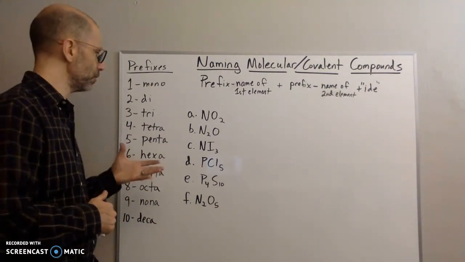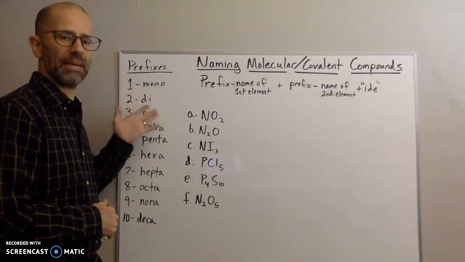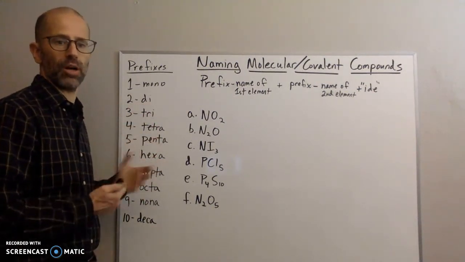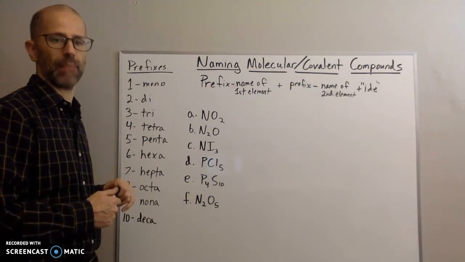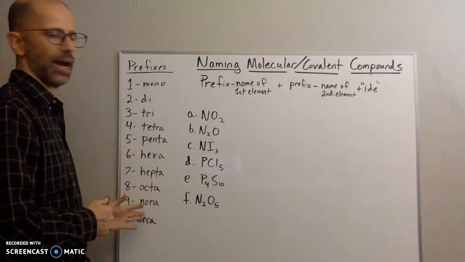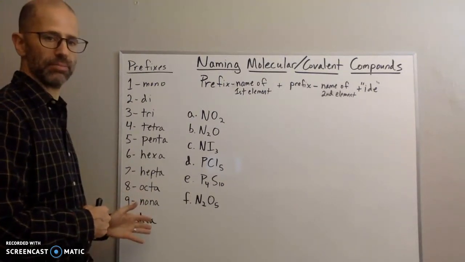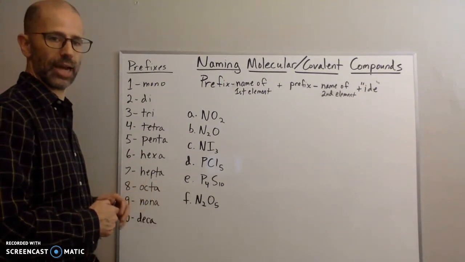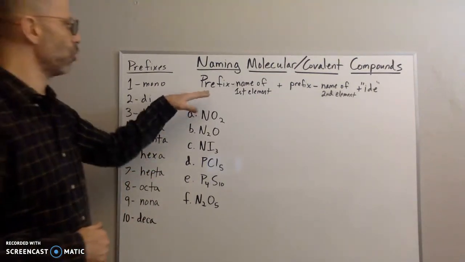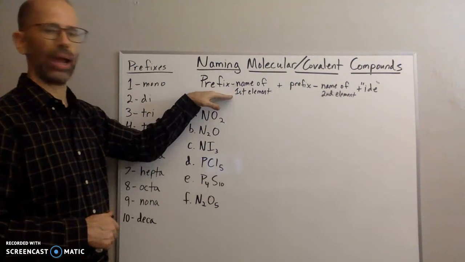But here, the name has to indicate the number of atoms in the compound. So we're going to use the Greek prefixes to identify the number of each atom of each element in the compound. And then that's it. So I have written on the board here the way the name is going to go.